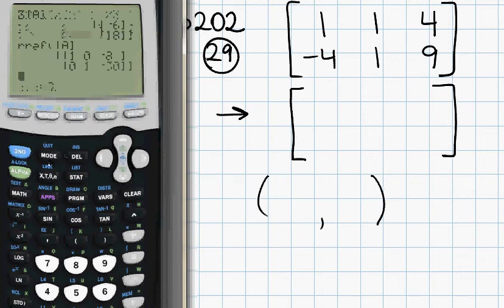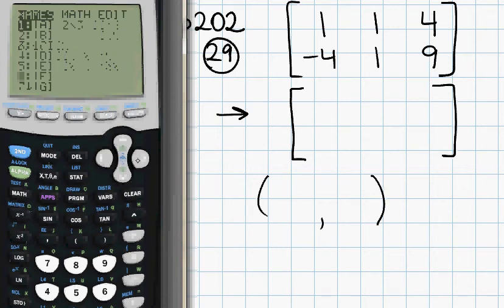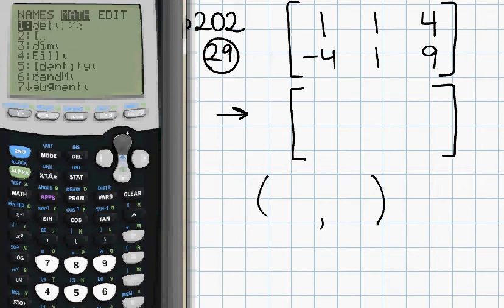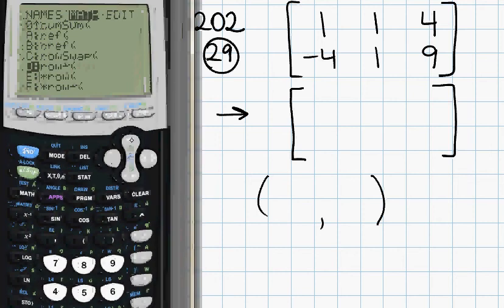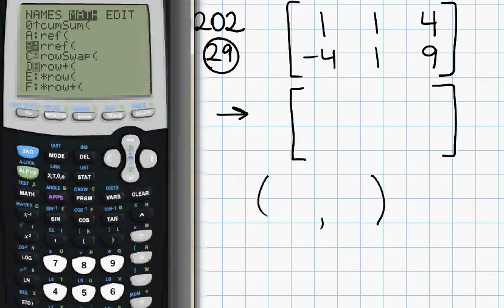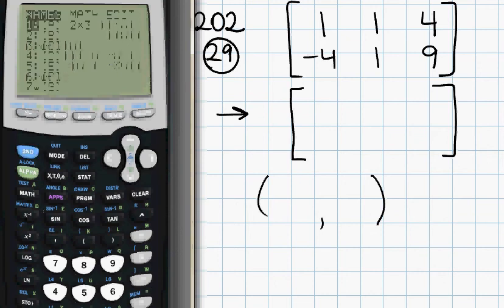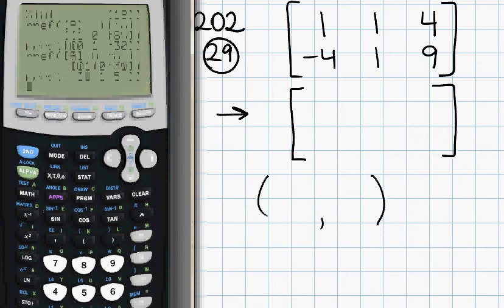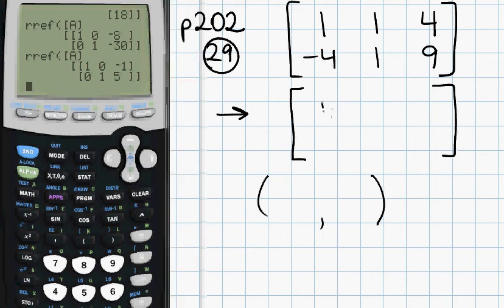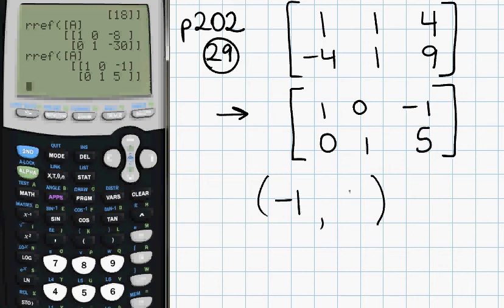Quit. If you don't quit, bad things happen. Go back into matrix. Go over to math. Find rref. Choose the matrix that you entered it in as. And we get 1, 0, -1, 0, 1, 5. So our answer is -1, 5.